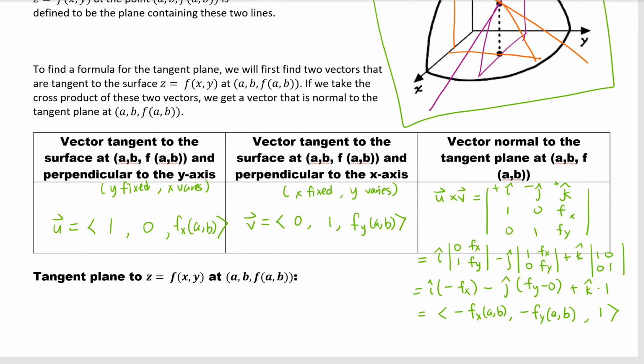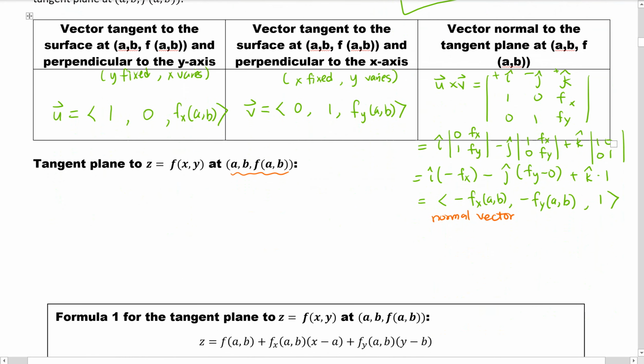Okay, now we know the point on the tangent plane, and we also know the normal vector, so this is the normal vector. Then we can construct the plane equation. How?